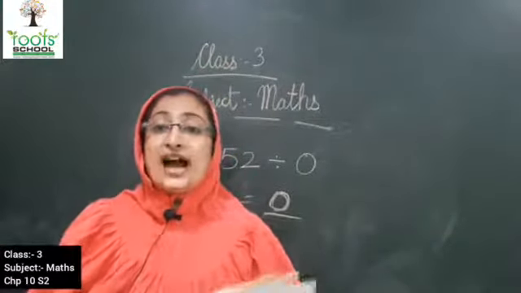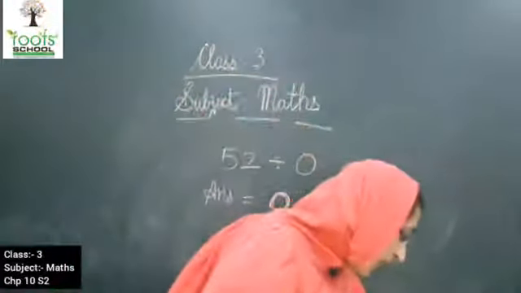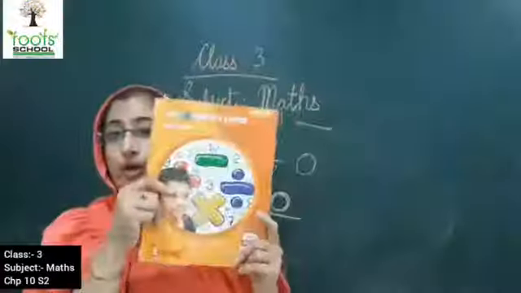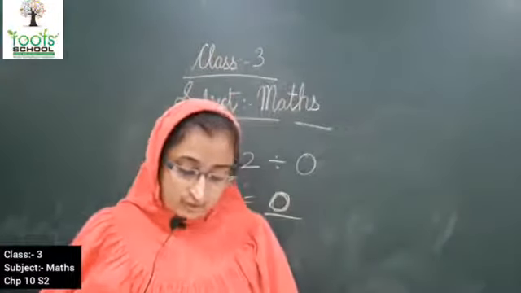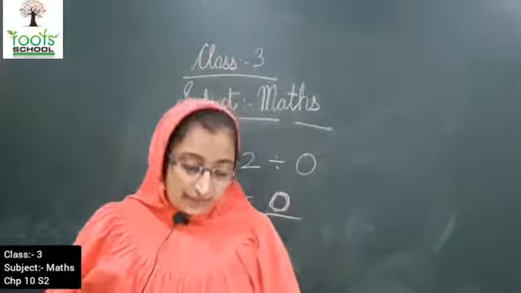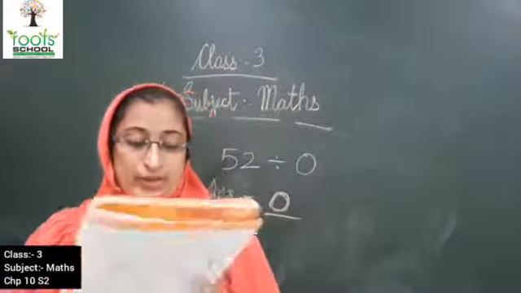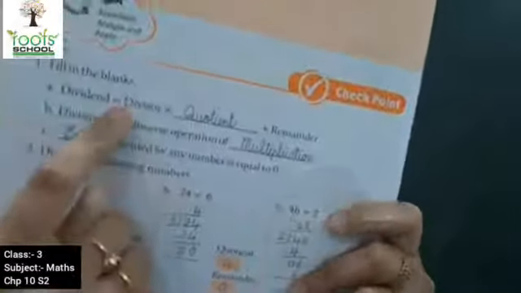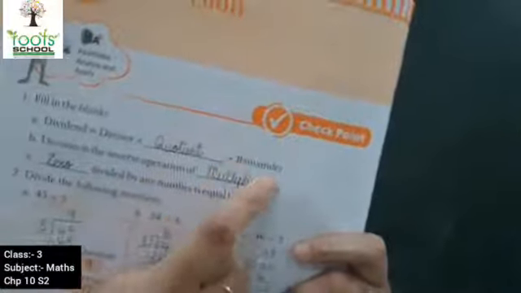Okay kids, now every one of you go and get your maths observation book. In that you have to open chapter division. Page number is 686. Now kids, here fill in the blanks. Dividend is equal to divisor into quotient plus remainder.